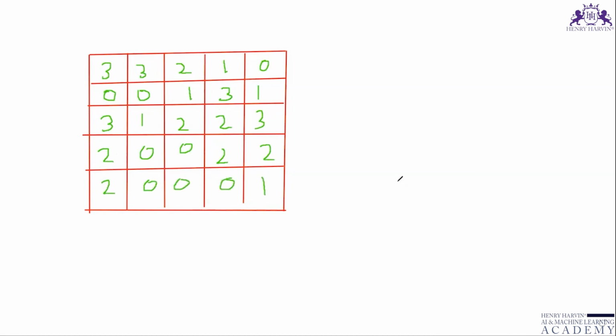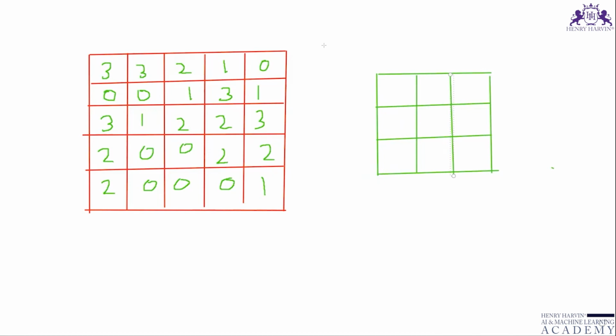This is what I have now. The next thing, I need a kernel also. I'm using a 3 cross 3 kernel. Let me use a different pen now. The kernel is 0, 1, 2, 2, 2, 0, and then 0, 1, 2.